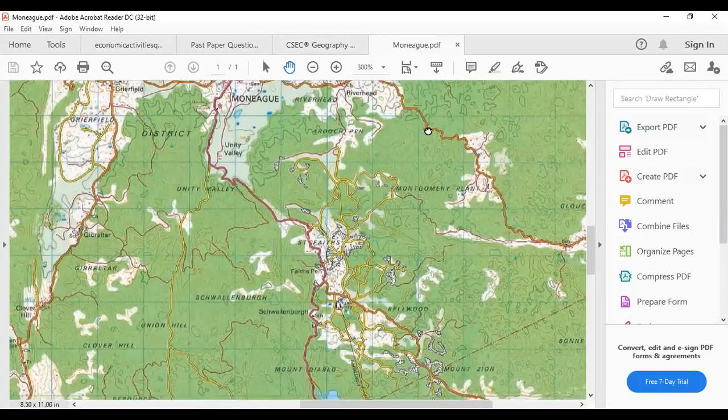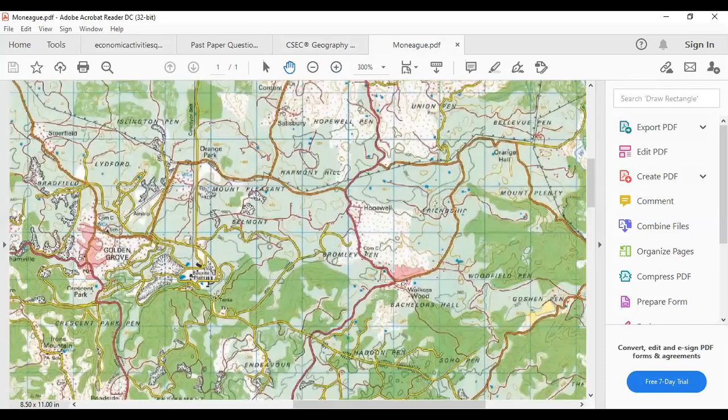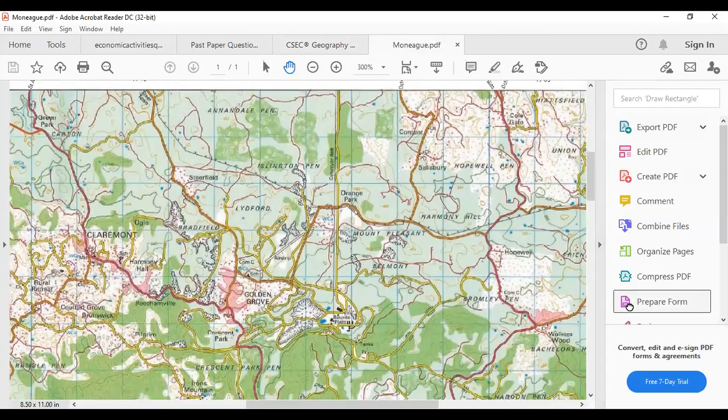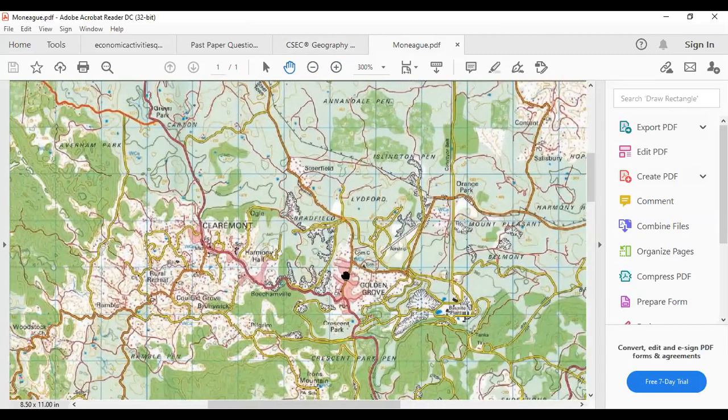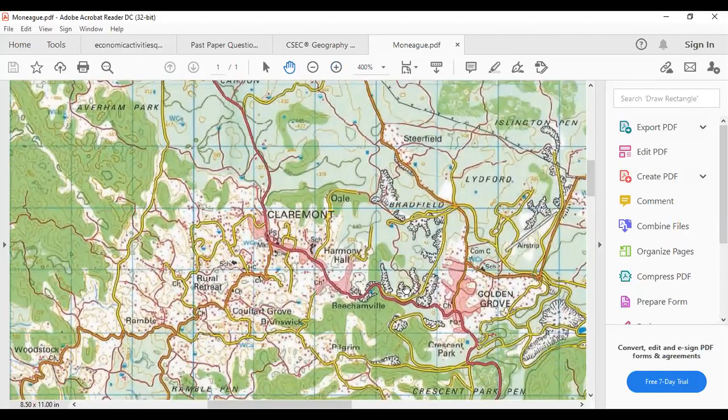Miss, I think it's higher up. It's Claremont. Okay, the Claremont over here and Golden Grove. You're seeing that? What are two? Oh, nice. This thing here. This thing here is what? That is a perfect example of economic activity.